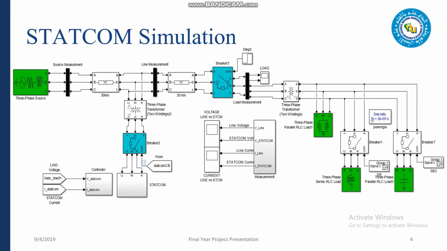The STATCOM is connected in the middle of our transmission line because that is where we found it to be the most effective. Our main transformer is connected to the load and is rated at 22.45 MVA with 11 kilovolts on the primary side and 433 volts on the secondary.